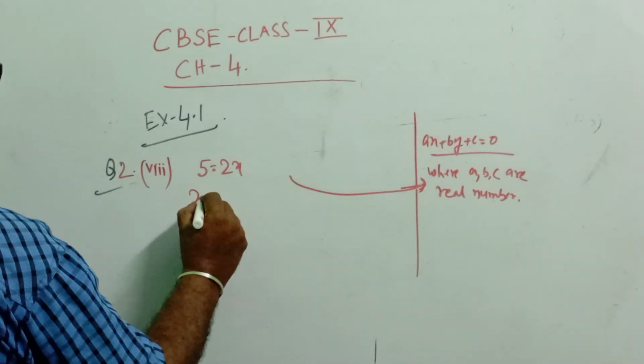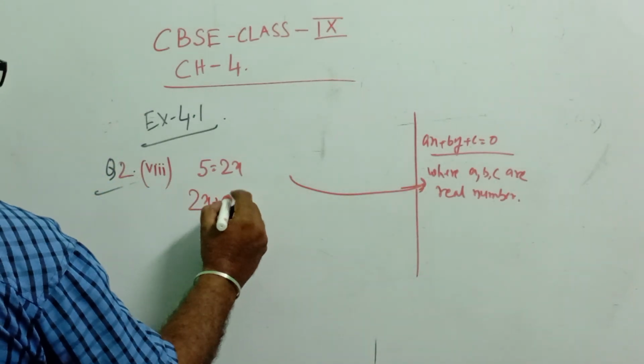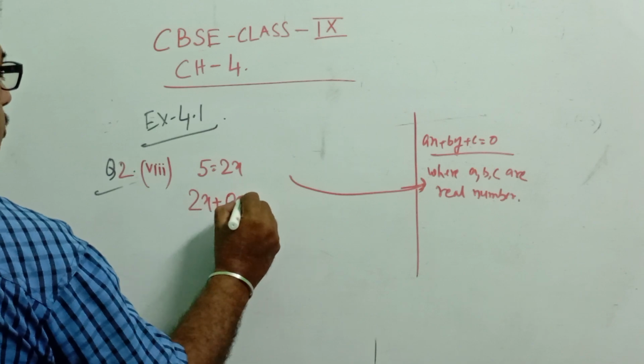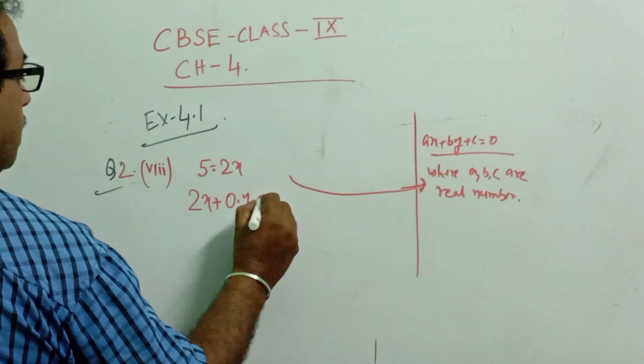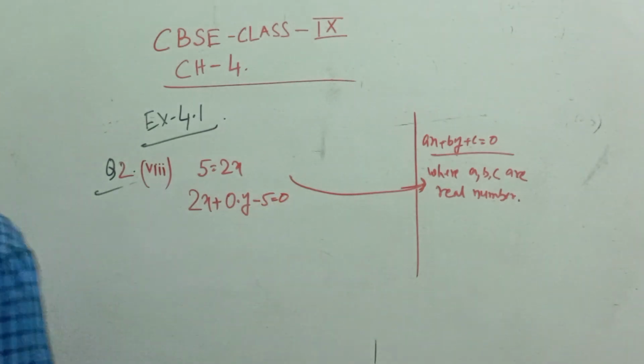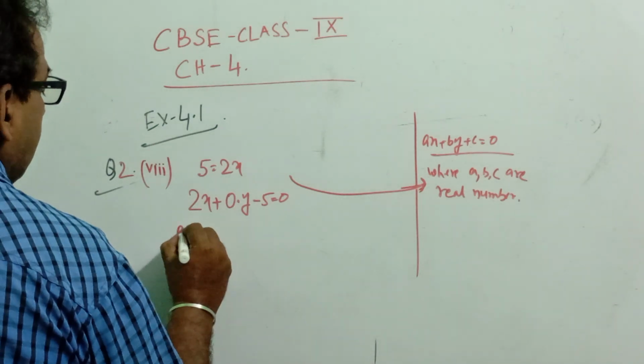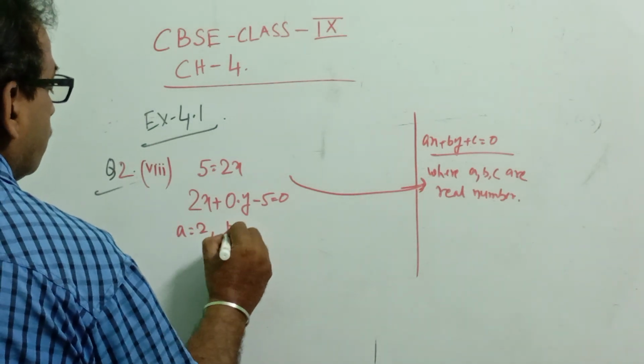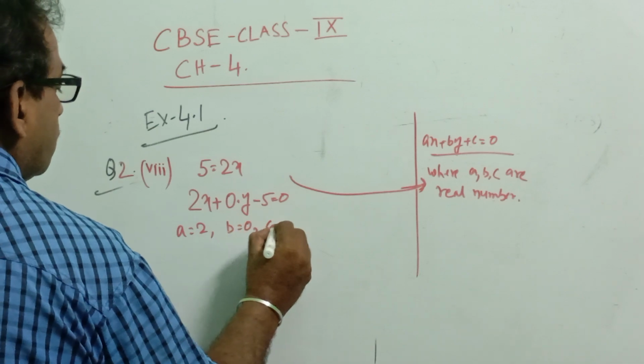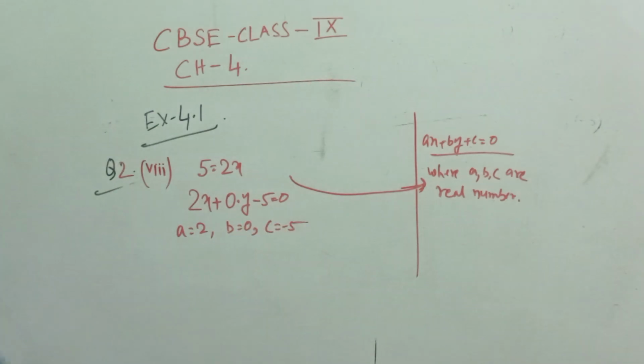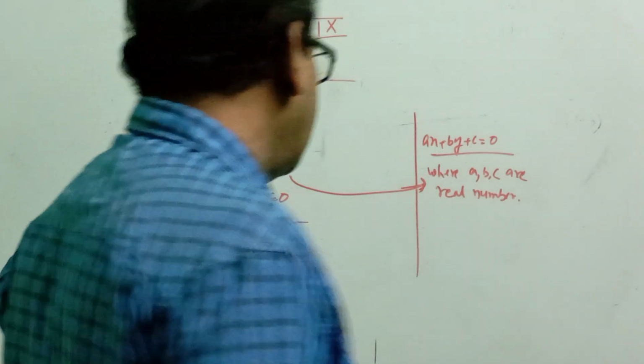That is 2x, we need y, that is 0 into y, minus 5 is equal to 0. Right? So a is equal to 2, b is equal to 0, c is equal to minus 5.